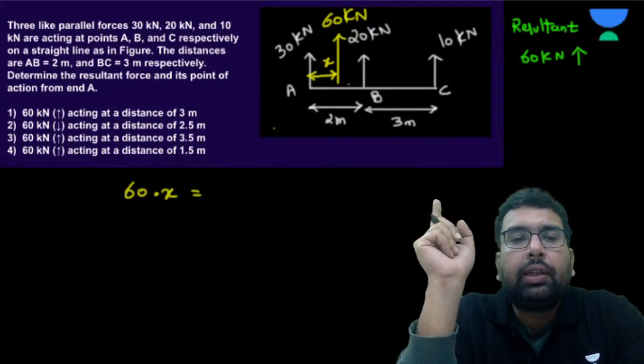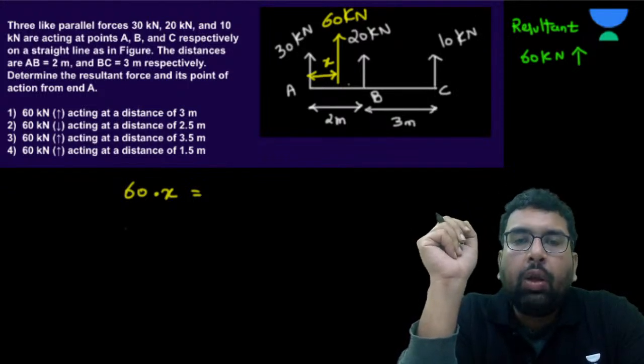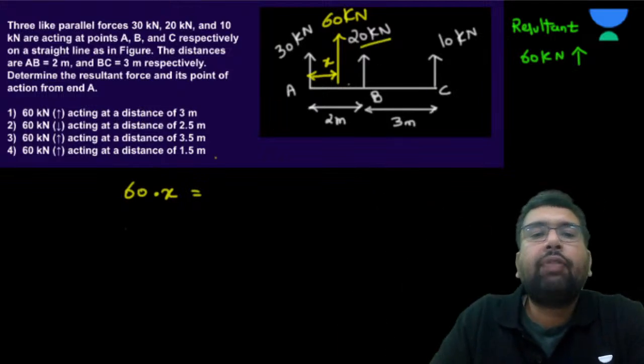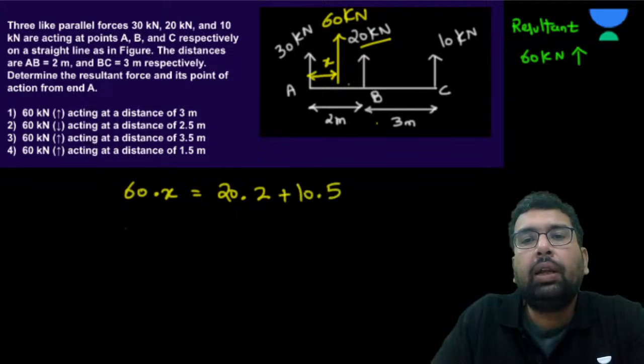Why? Because there is no perpendicular distance. But this 20 kilonewton has a perpendicular distance with respect to point A, so this will be 20 into 2, and this is going to be 10 into 5.